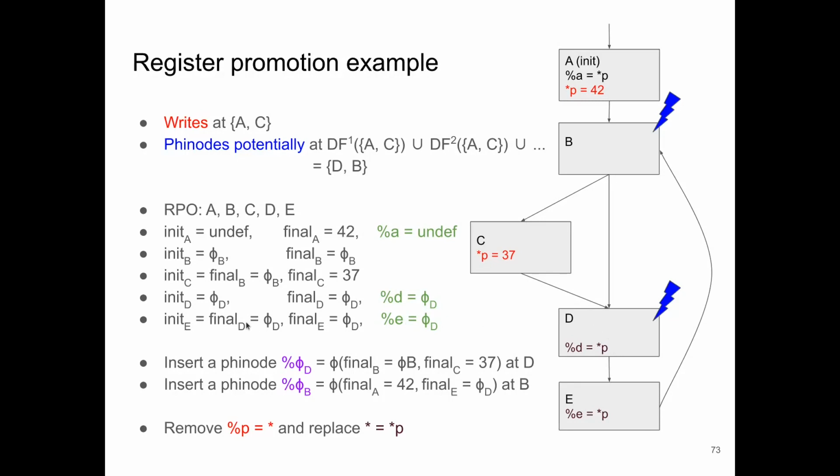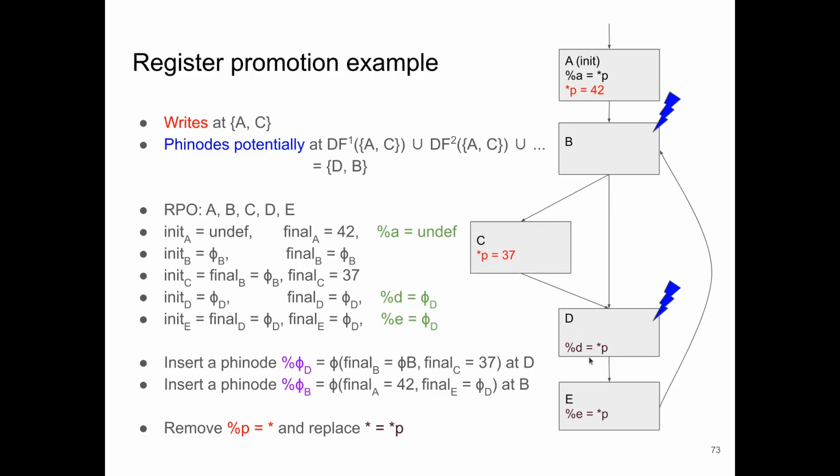And similarly, for block E, the initial value for block E should be the final value of block D because D is the immediate dominator of E. And here, in order to reach E, you have to go to D first, and as a result, the initial value of E should be the final value of D here.